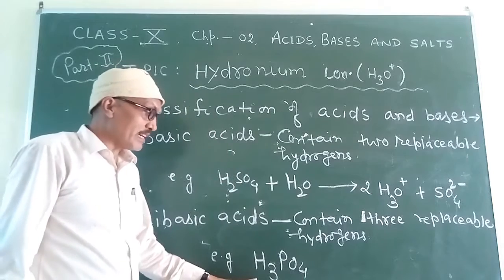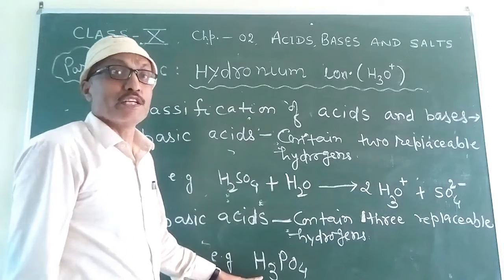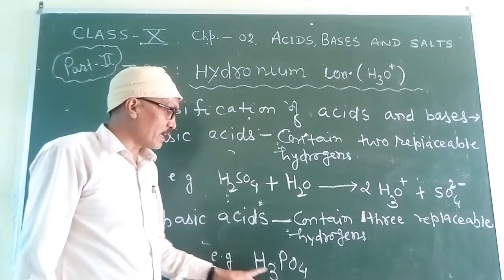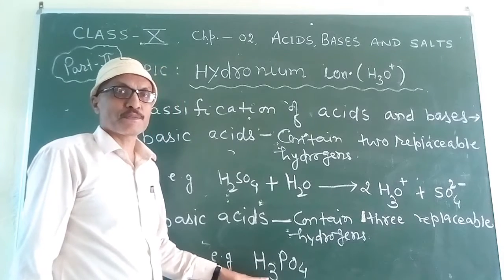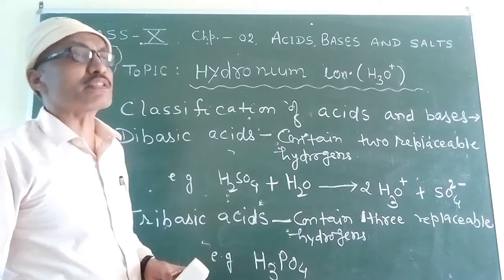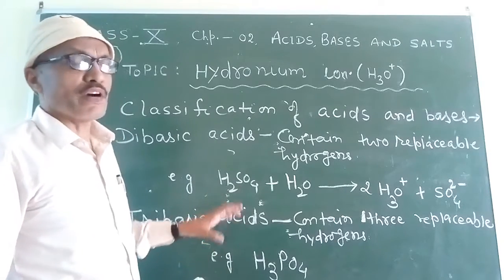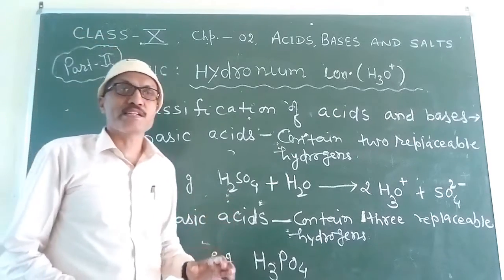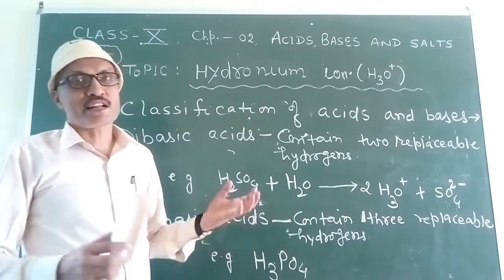This is read as phosphoric acid. You can see here there are three replaceable hydrogens. So students, on the basis of replaceable hydrogens, an acid is classified as monobasic acid, dibasic acid, tribasic acid.